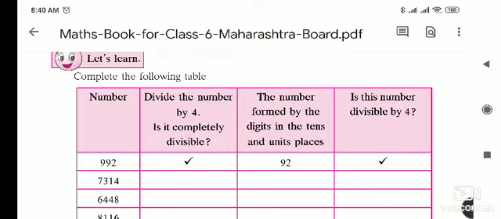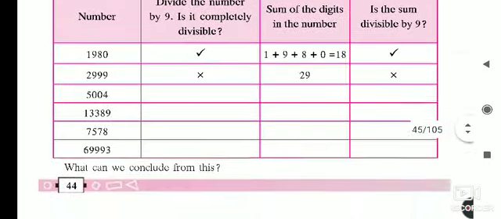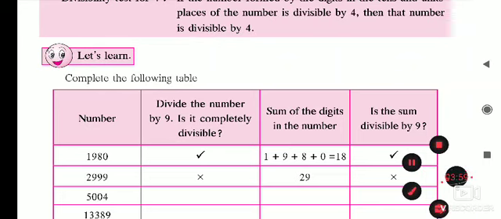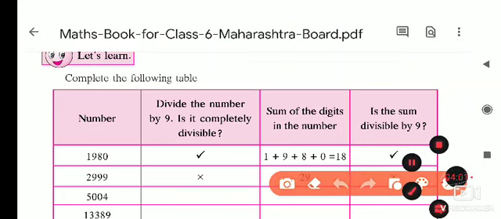After the test of 4, we see the divisibility test of 9. What is the divisibility test of 9? Same as 3, we have to do the sum of the digits present in that number, and if it is divisible by 9, then that number is divisible by 9.